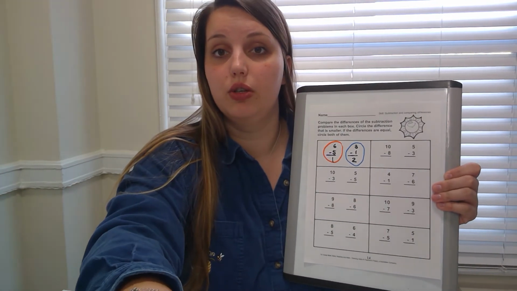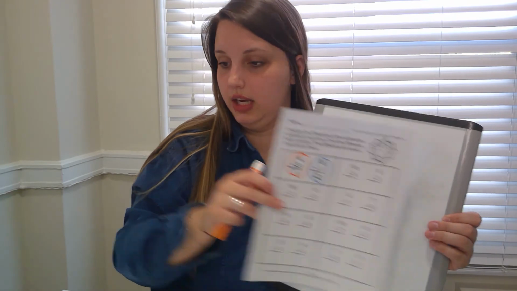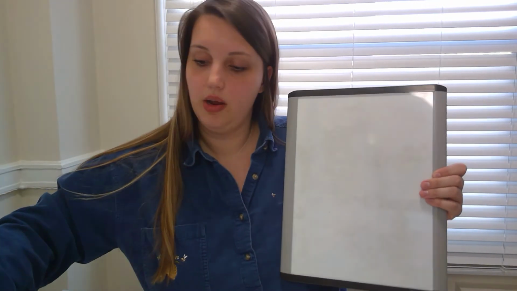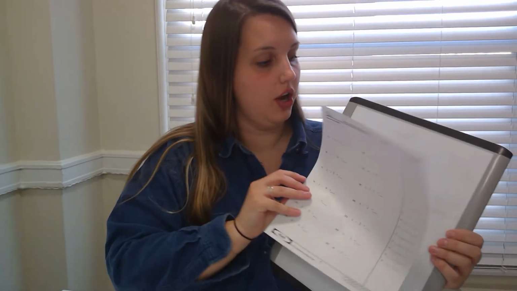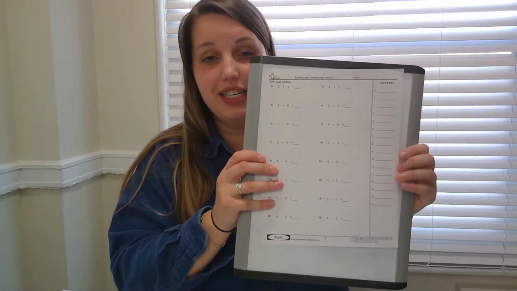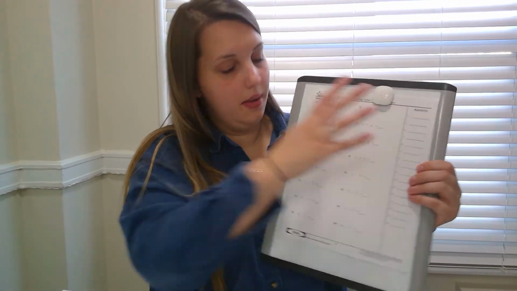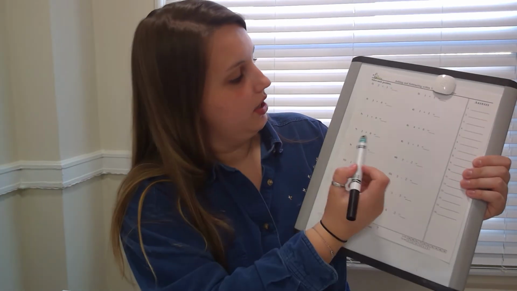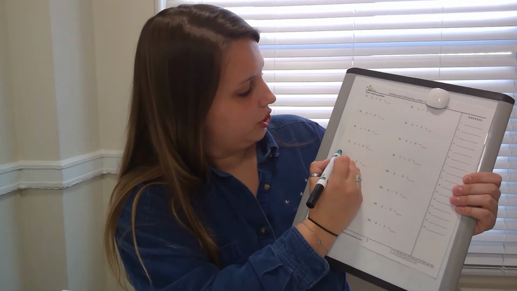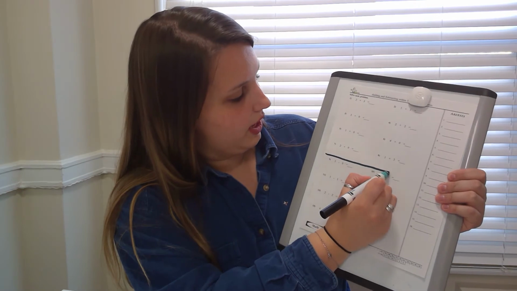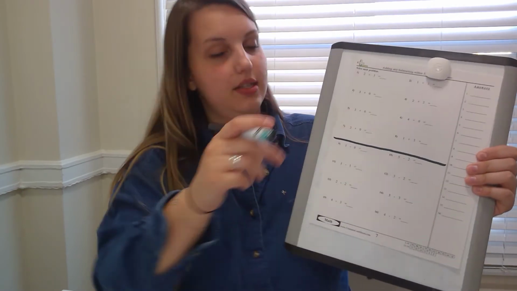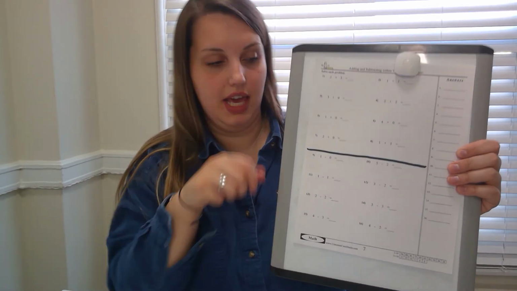I am going to go over this second worksheet really quick, but we saw this yesterday, so this is just another good worksheet for practice. Writing your name at the top, and then putting a line across the middle to show where the addition ends and the subtraction begins.